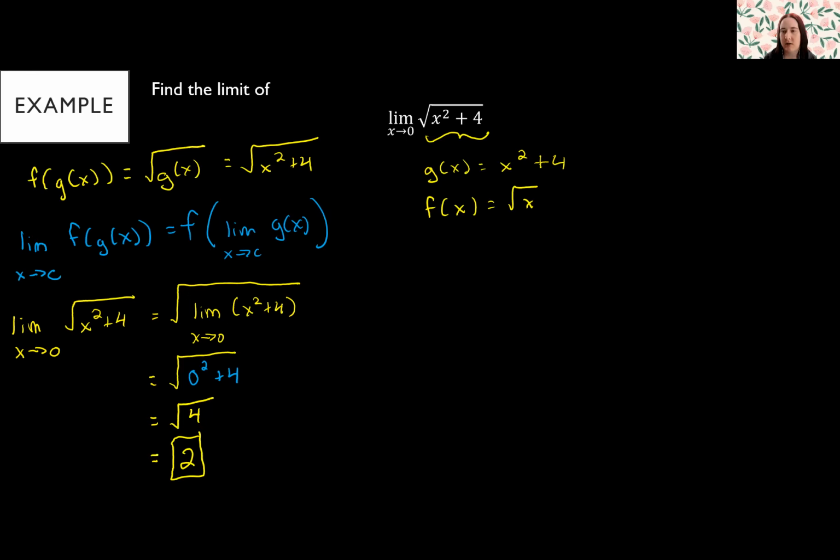So the square root of 4 is equal to 2, and so the limit of this whole thing is equal to 2. So basically the rule here, the fact that we have this function composition, is that if you have the limit of a function inside of a function, you can put that limit part on the inside, go through your math, and then do the outside.